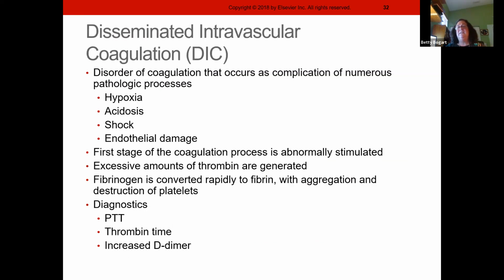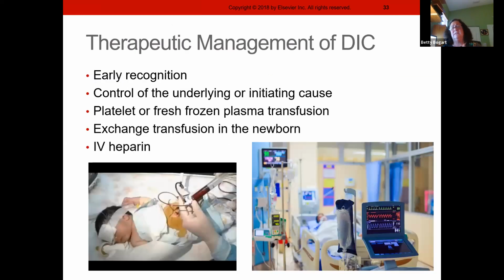As I said, DIC has to do with shock, sepsis, and it literally has too much thrombin out there, so clotting is coming on. So we treat it with heparin, and it's just, why is it happening? Is it sepsis? You're going to treat it, and we'll give IV heparin, and we'll give stuff also for the bleeding coagulopathy that's going on.